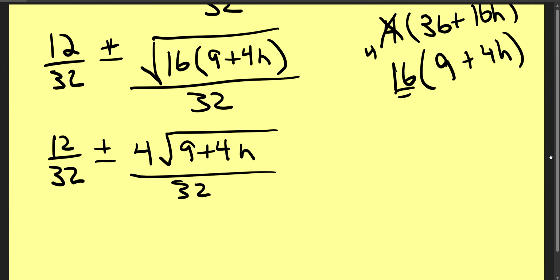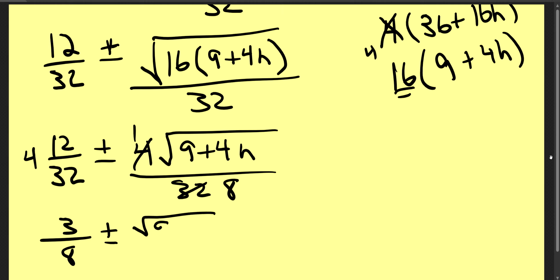Now I can simplify this. 12 over 32: 4 goes into both of those, so it'll be 3 over 8, plus or minus. 4 goes into 4 once, and 4 goes into 32 8 times, so it's the same denominator, and that's going to be the square root of 9 plus 4h over 8.